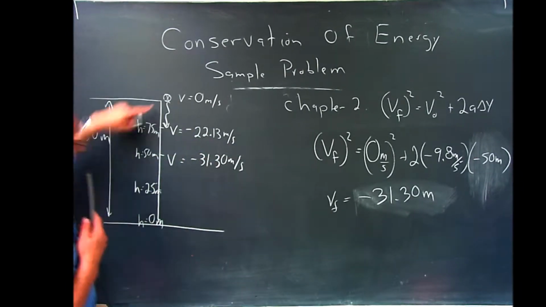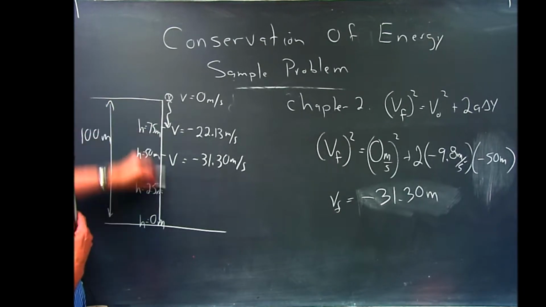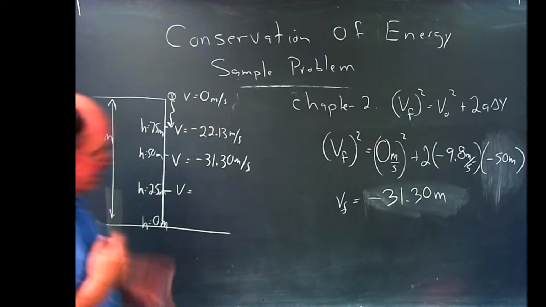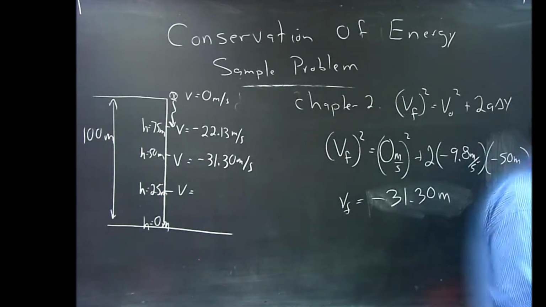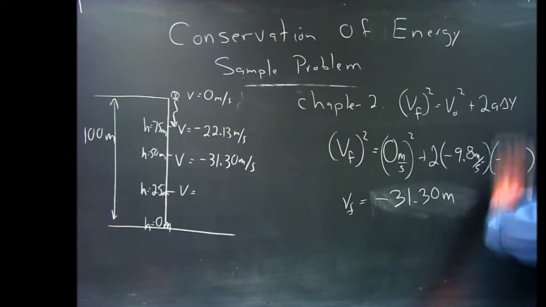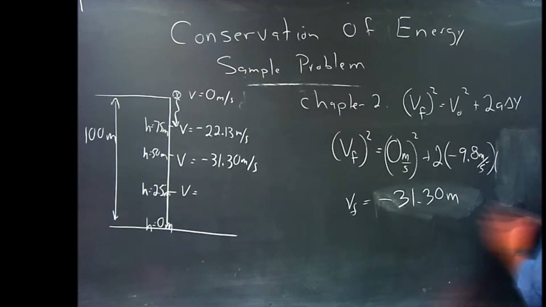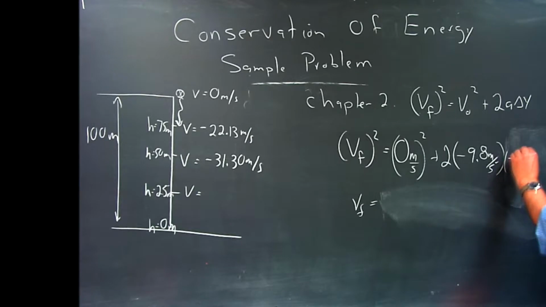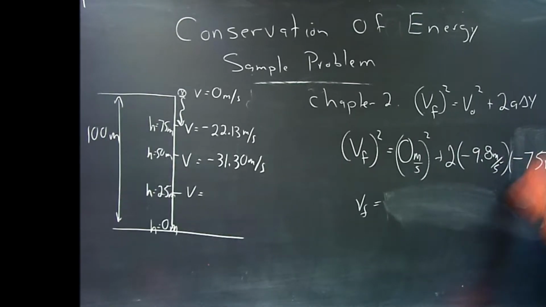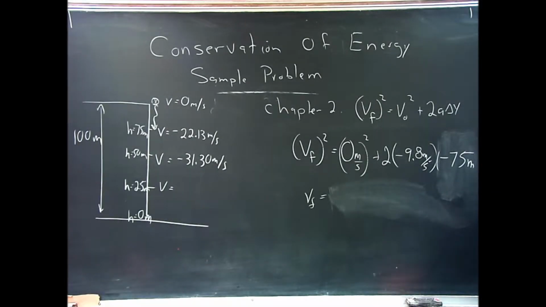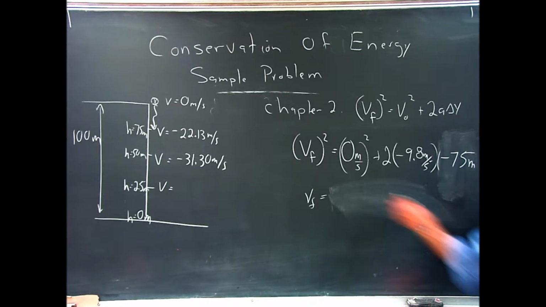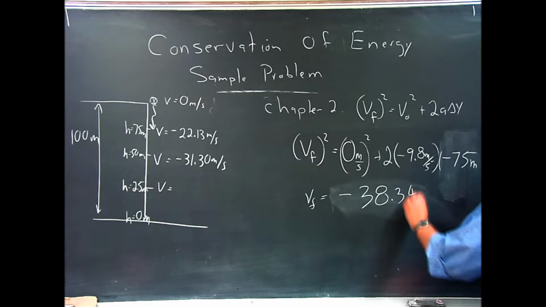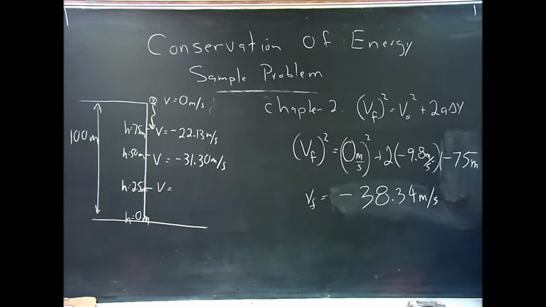If I want to see what happens when it falls a total of 75 meters, I'd plug in negative 75 here and use my calculator. I square root both sides, so I get negative 38.34, and the negative means it's going down.